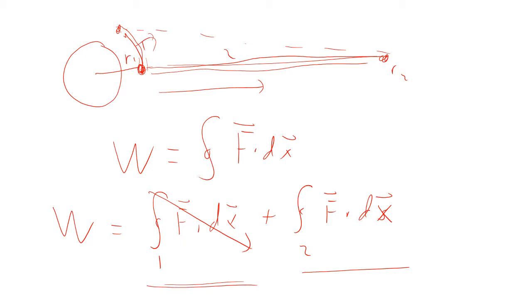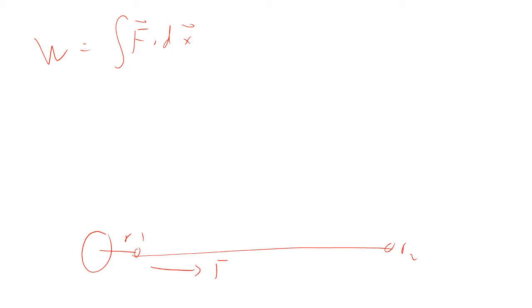Now the work is the integral of F dot dx, going from some r1 out to some r2. We're having to exert a force outwards, because gravity is trying to pull the other way. The force due to gravity is going to be equal to G M m over r squared, where we have this little m right here and big M right there.